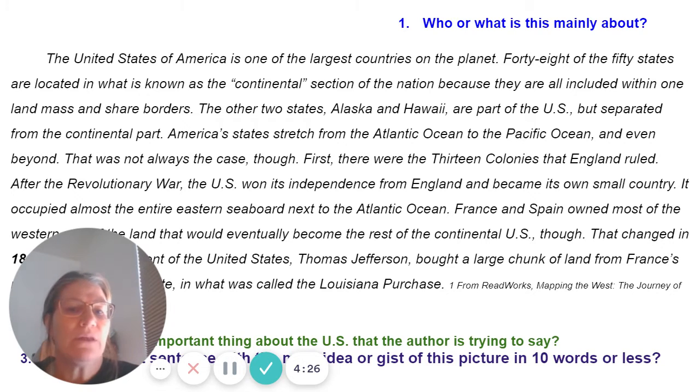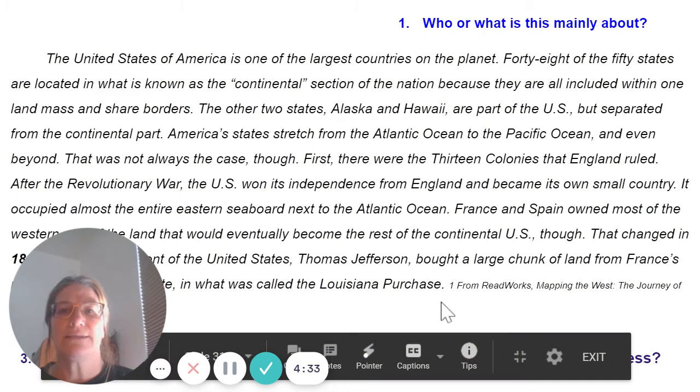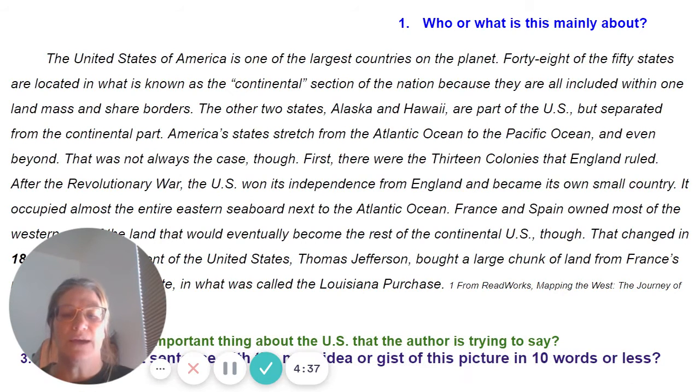Well, it mentions primarily the Louisiana Purchase, how the Louisiana Purchase came to be, and you see that in the very last sentence, in what was called the Louisiana Purchase. So you know that that's going to be the focus, the subject. Yes, it's talking about other parts of the United States and a little bit of the history there. But primarily it's talking about the Louisiana Purchase, how we got to buy the Louisiana Purchase.